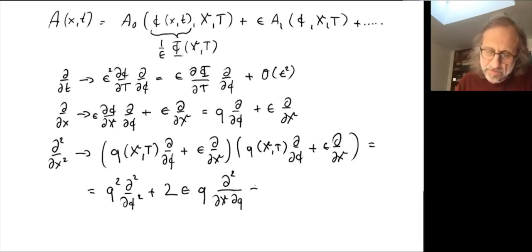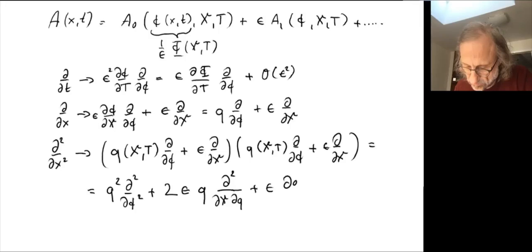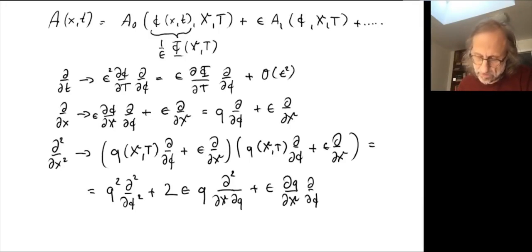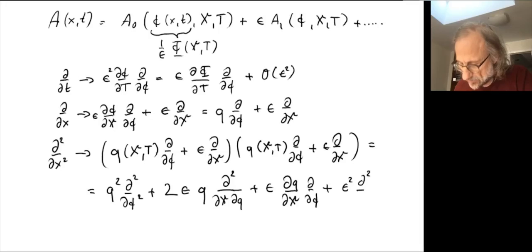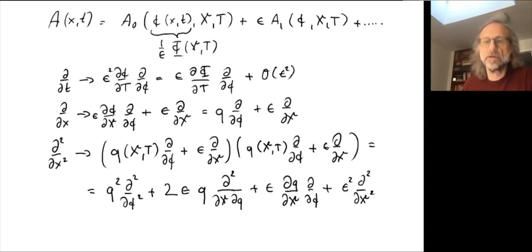And then comes this term where this acts on q, so we get plus epsilon dq by d slow x times d by d phi. And then finally plus epsilon squared, second derivative with respect to slow x. That's fine. So now we can plug in.